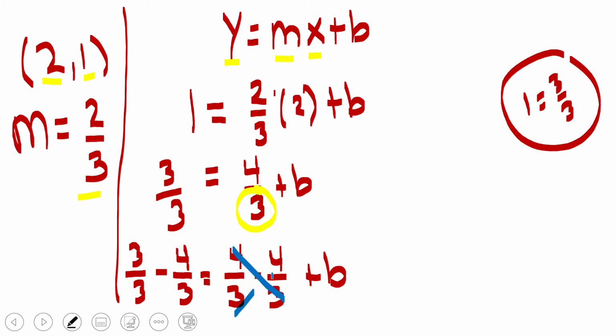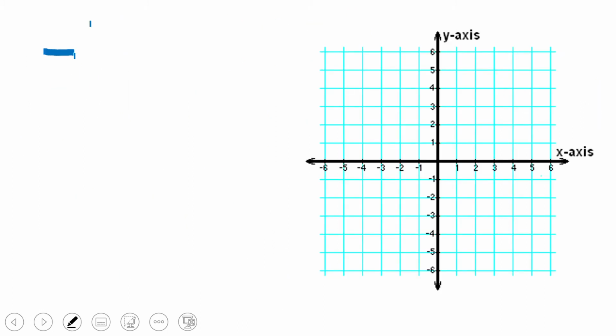This goes away. Now we have 3 minus 4 over the same denominator 3. That would be a negative 1/3 equals b. I'm going to go to a new slide, so look that over. Negative 1/3 equals b. That is our y-intercept.